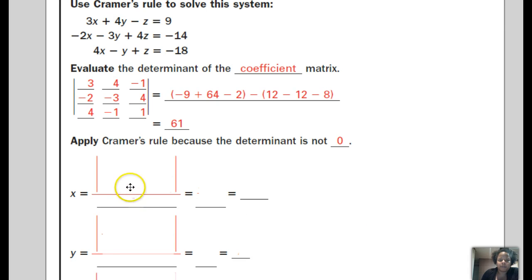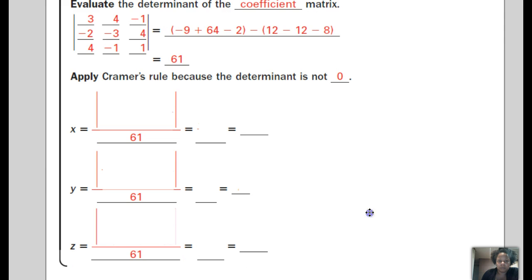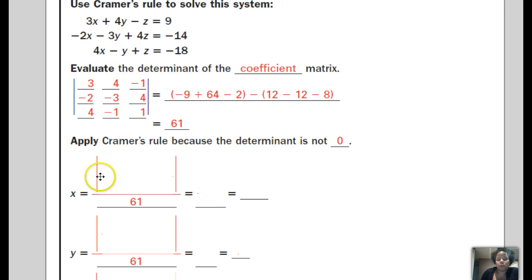So in the denominator for each of these, it's going to be the same value, the determinant of the coefficient matrix. And then to determine the determinant of the numerator matrix, we replace the corresponding column with the right-hand side.